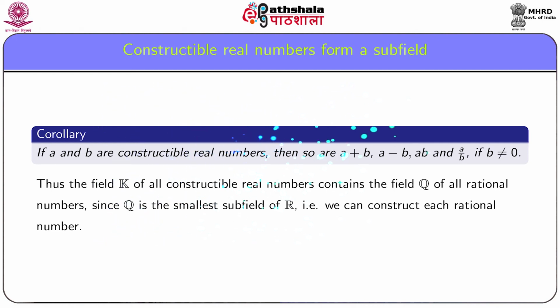You know that since R is a field with characteristic 0, every subfield of R is also of characteristic 0, and hence the field of all constructible real numbers K is also of characteristic 0. So, Q will be a subfield of K, and which implies that every rational number is constructible.